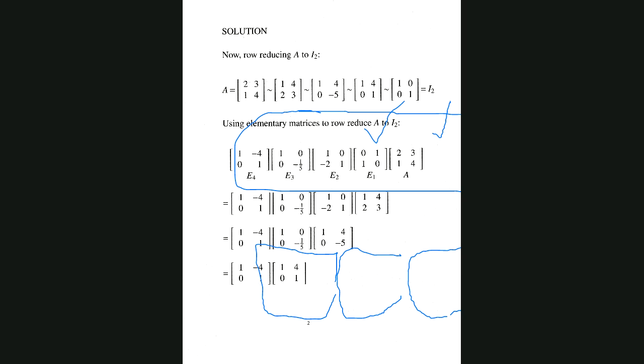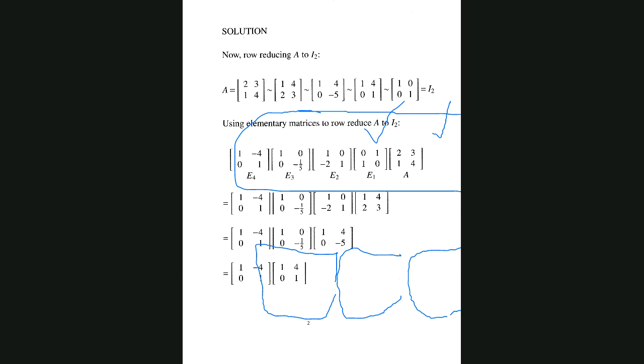When you want to do a row operation on a matrix, you can simulate it by finding the appropriate elementary matrix and multiplying the matrix on the left by it. And we did it 4 times here.